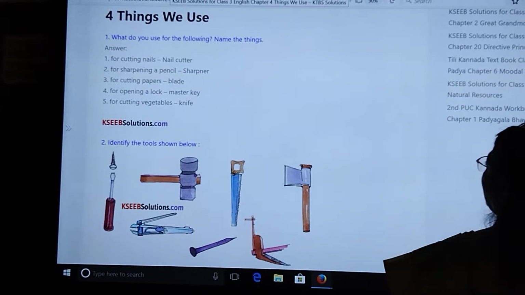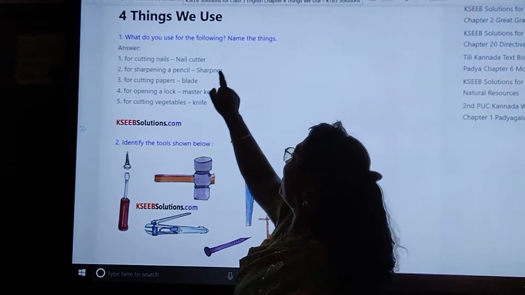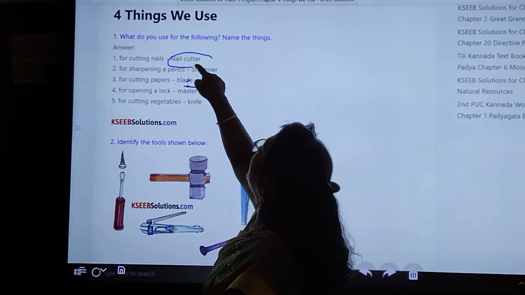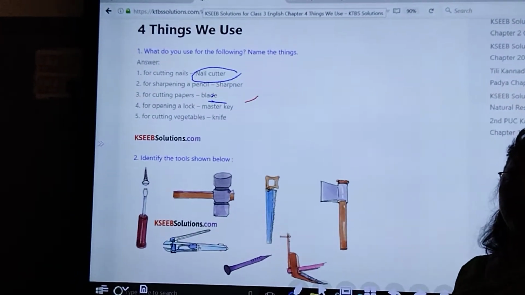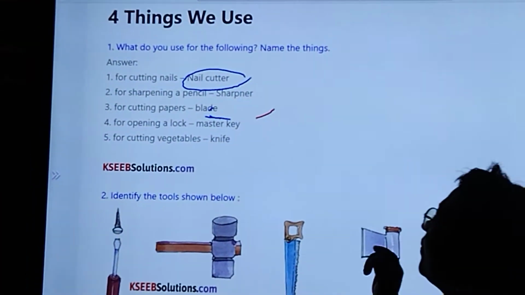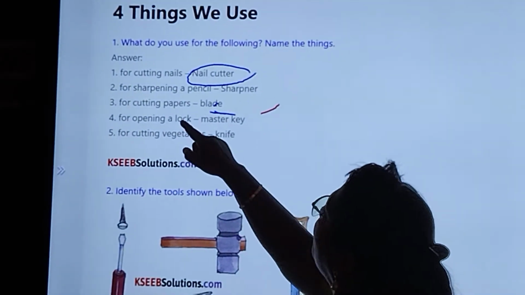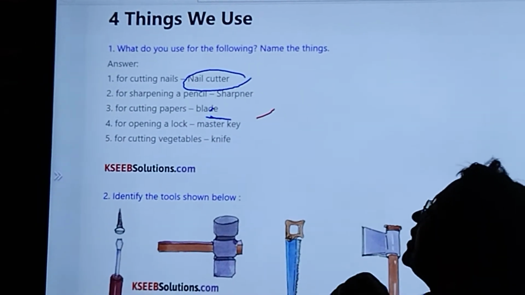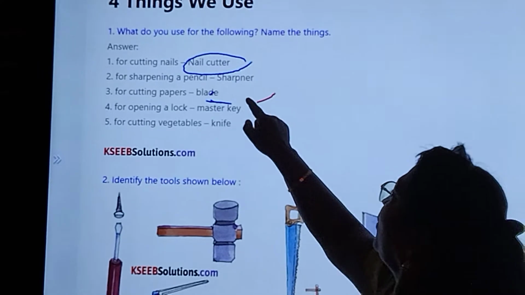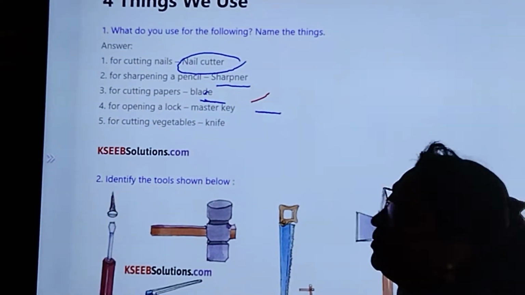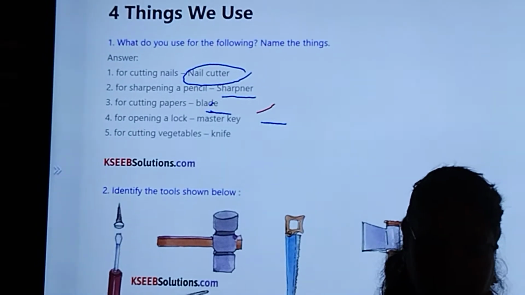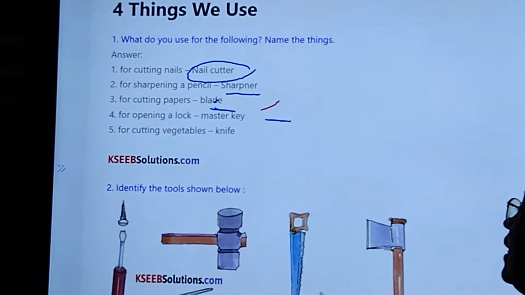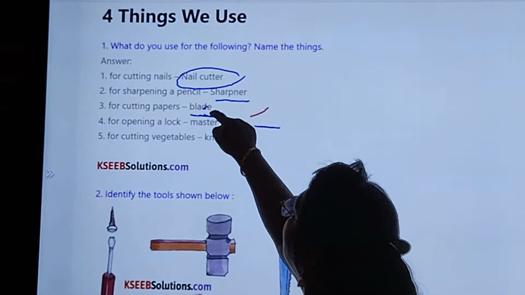For cutting nails, yes children, you use a nail cutter. Right? Okay. Then for sharpening a pencil, you use a sharpener. For cutting papers, you use a blade.